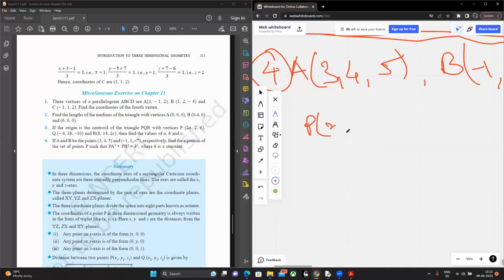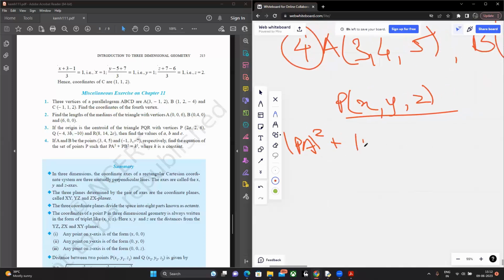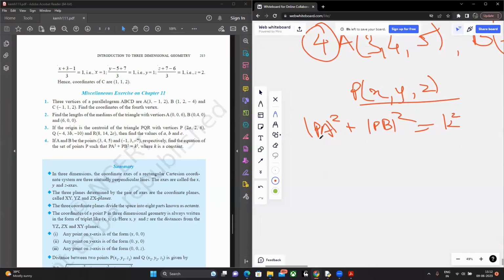Let the point P be (x, y, z). Now we have mod PA squared plus mod PB squared equal to k squared, where k is a constant. I can represent this in the distance formula form.